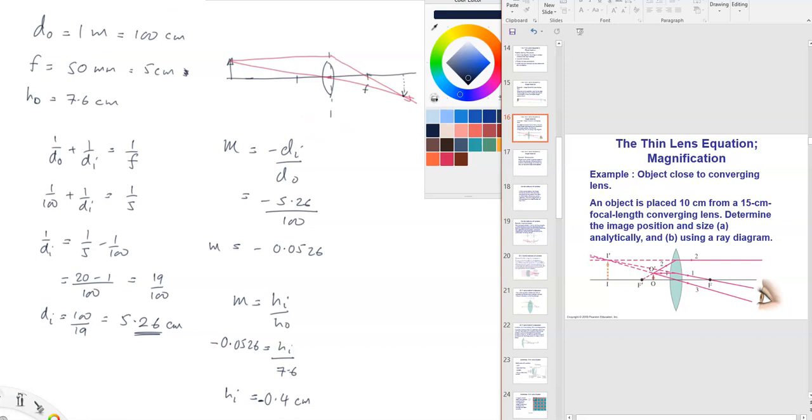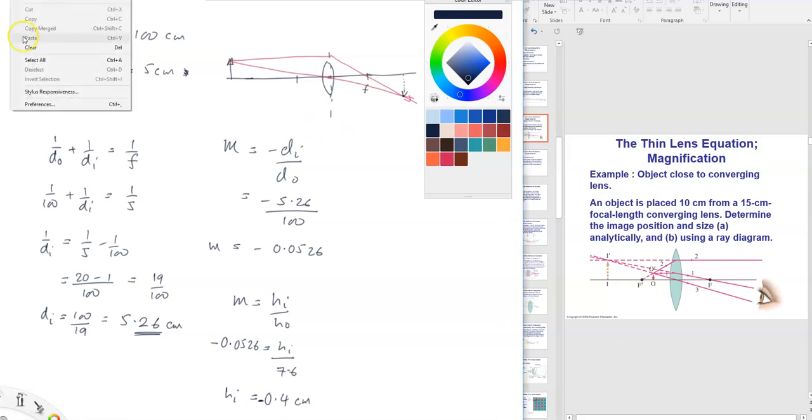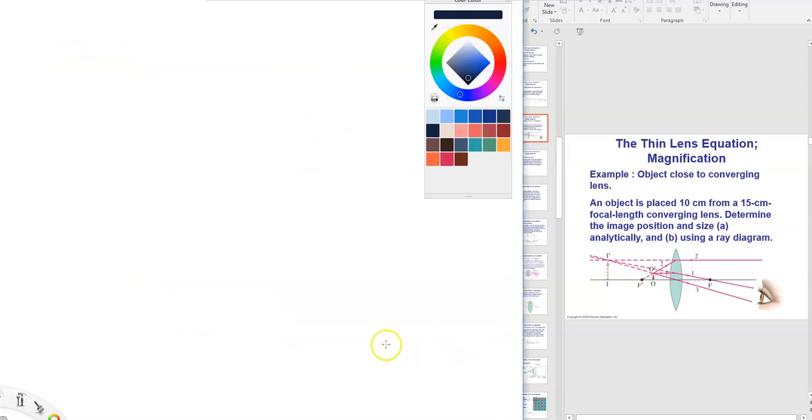Let's try another example. Now the previous example is more like a distant object, right? Focal length was 5 centimeters, and the object was 100 centimeters far away from it.